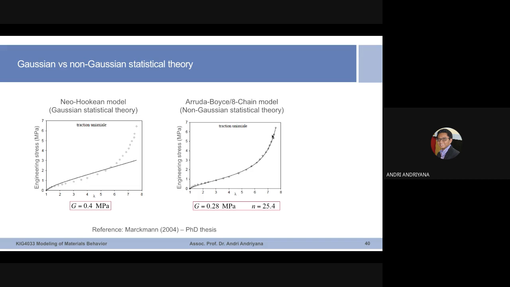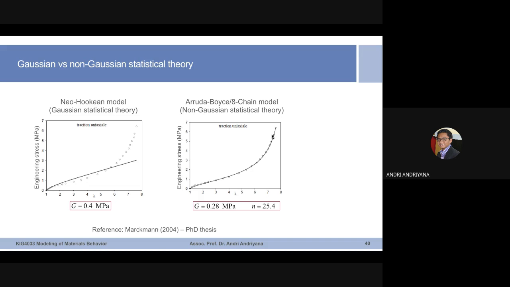As you can see, Arruda-Boyce predicts well the behavior, but the mathematical equation is very complex, which means that when you do the calculations, because it involves much more complex mathematical expressions, the time needed to compute will be longer than Neo-Hookean. That is the consequence. You may get accurate result, but the time needed to get the result will be longer because the mathematical equation is much more complex.